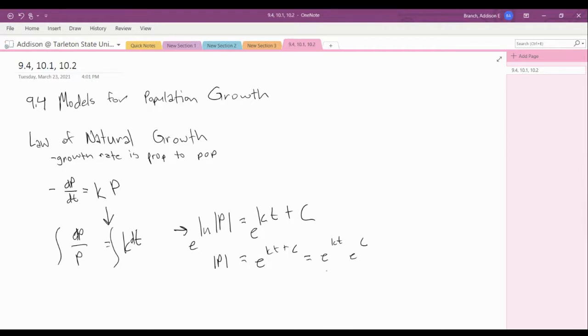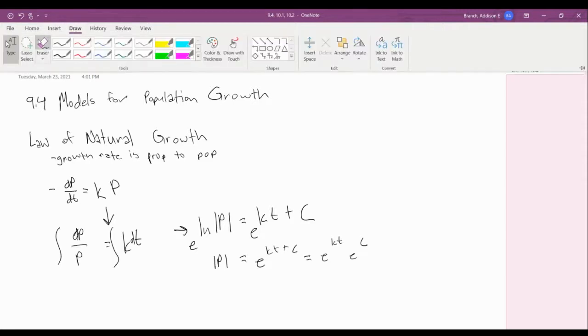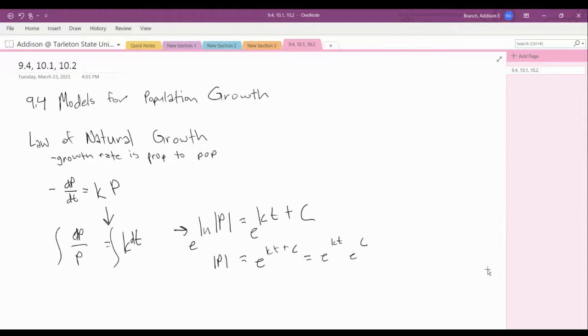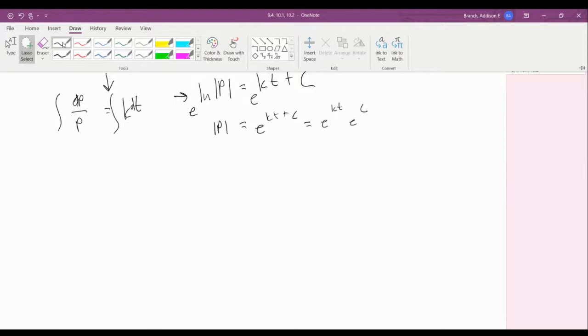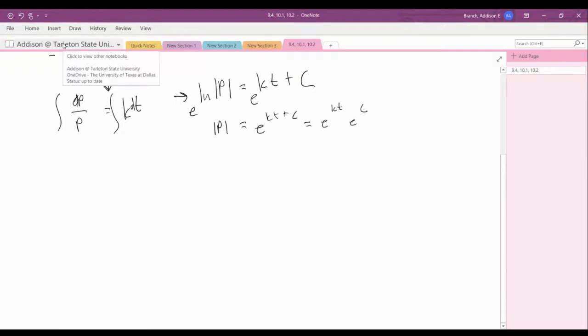Since e to the C is some constant, we can let that be represented as A. Also, since we're working with population, we assume it's going to be positive, since realistically we cannot have a negative population.